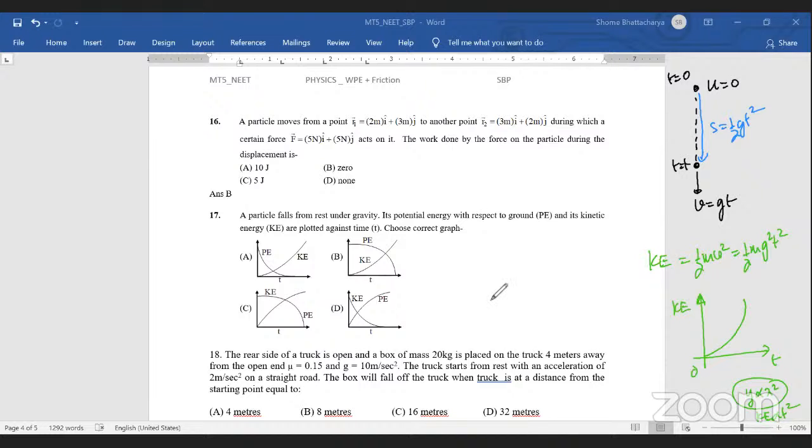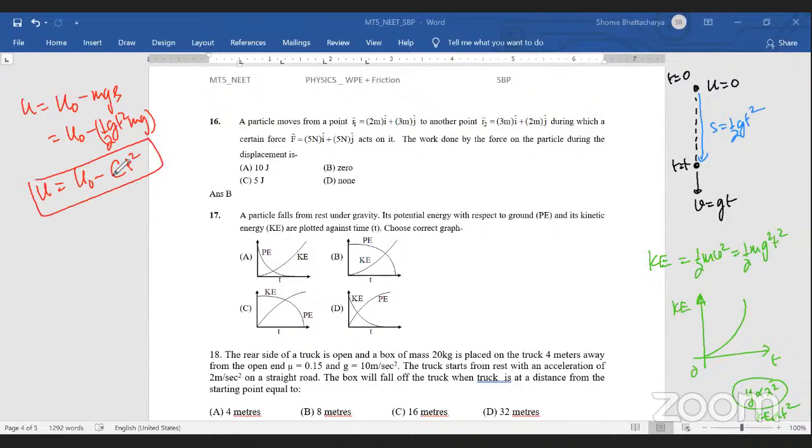On the other hand, the potential energy is some initial potential energy, let's say, minus mgs, because it is coming down through a displacement of s. So it is some constant minus half g t square into m g. So it is some constant minus some constant into t square.